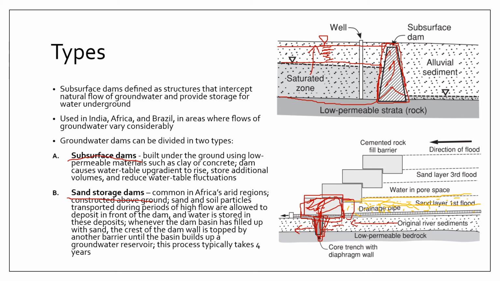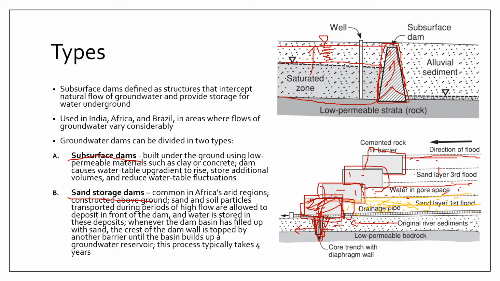All right, after filling up the first stage, they add another level of impoundment, and again, they channel flood waters into this impoundment so that it ends up depositing even more sand. They just repeat the process continuously until they have basically a step that has a lot of sand deposits.